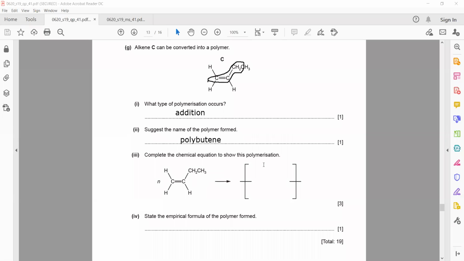And then we have to complete this to show the equation. Just draw the same structure, but without a double bond, and put n.